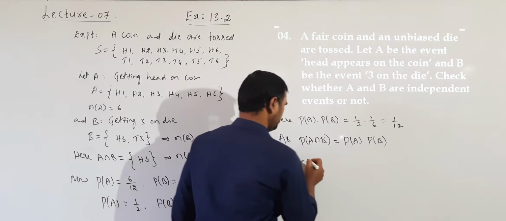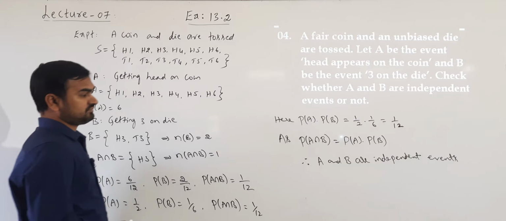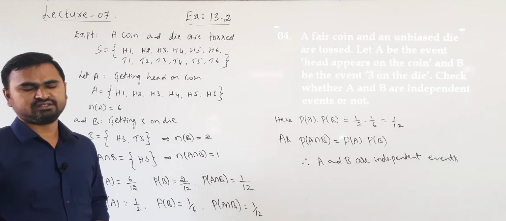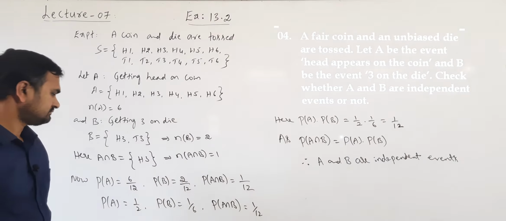We are finding their corresponding probabilities and checking whether P of A into P of B is equal to P of A intersection B or not. If they are equal, independent events. If they are not equal, they are not independent events. Understand? Next.